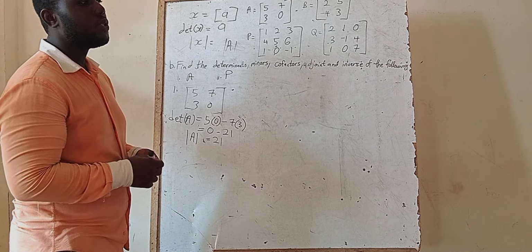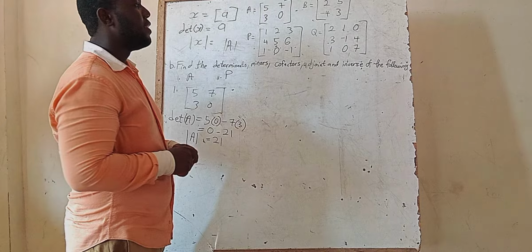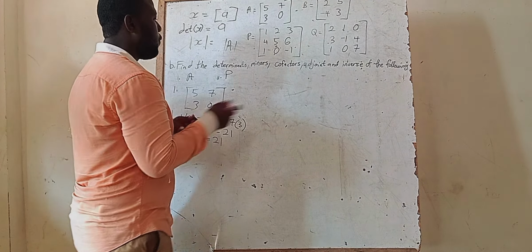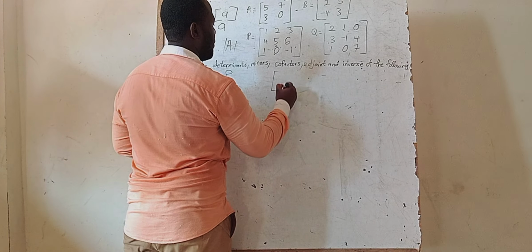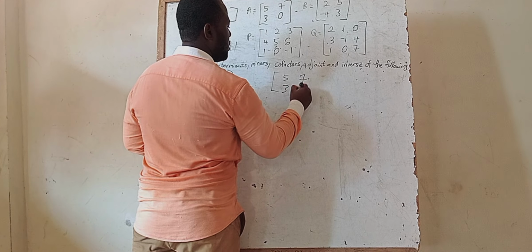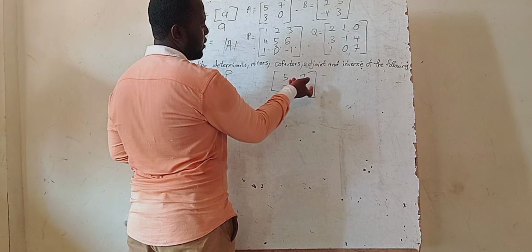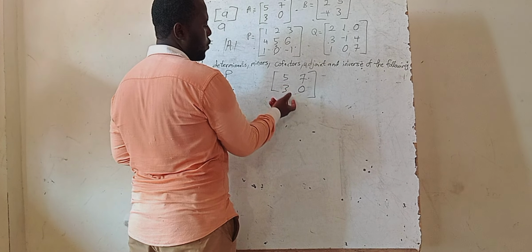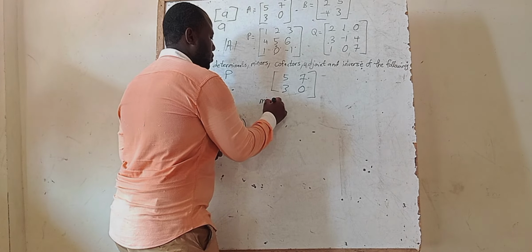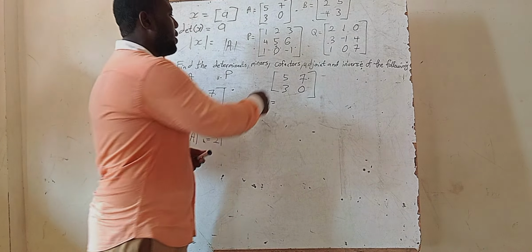So let's take matrix A. To find the minor, we first find the positional minors of each element. For A, which is 5, 7, 3, 0, this initially is supposed to be A11, A12, A21, A22. But instead of saying A11, we are going to say M11. So this is M11.